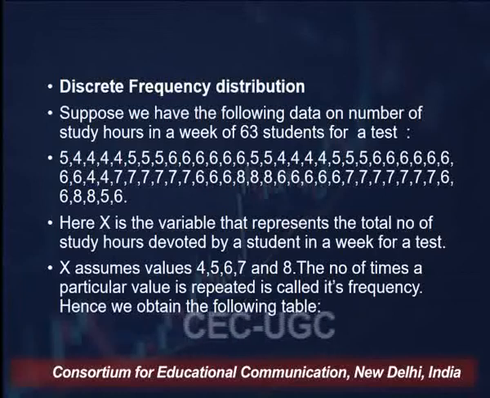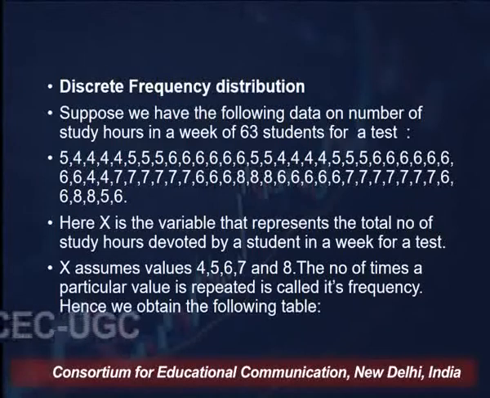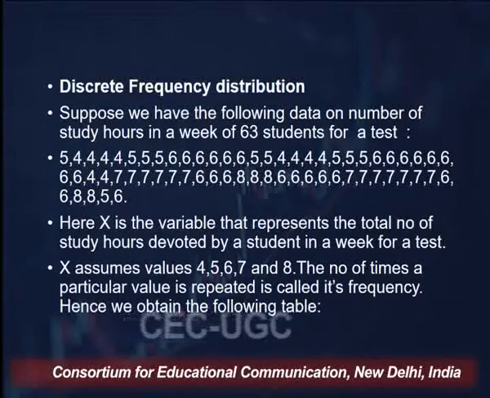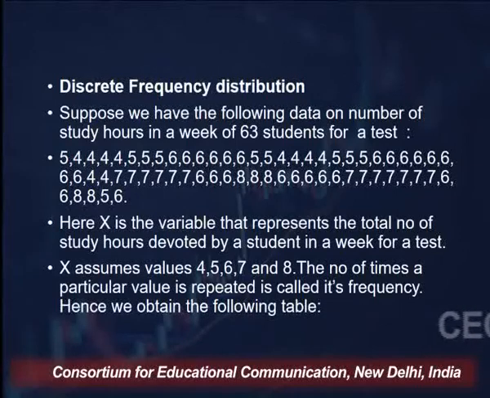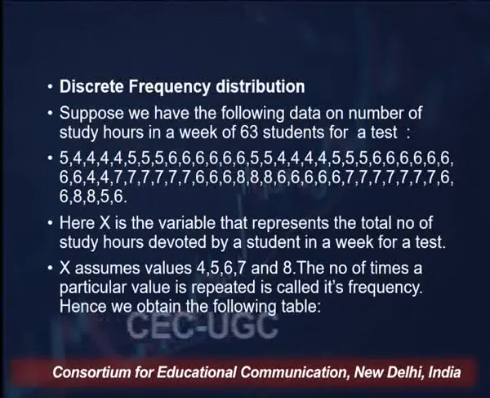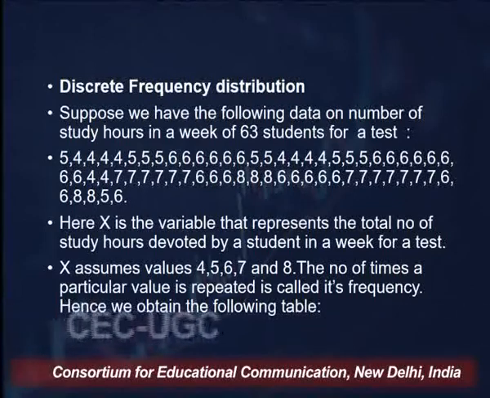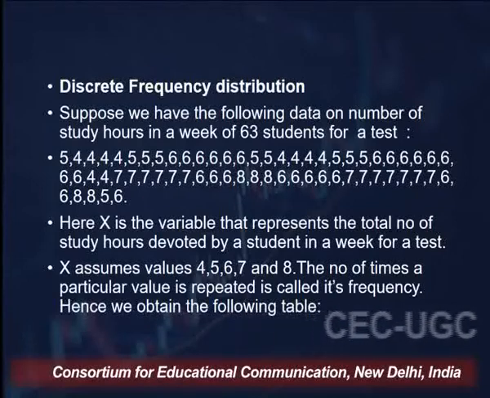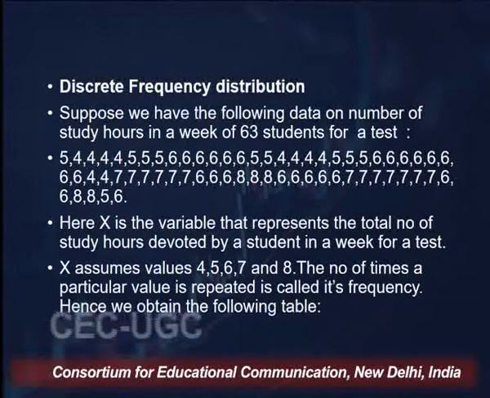So we ask 63 students, they write their responses, and then I obtain the data, which we can see like 5, 4, 4, 4, 5, 5, 5, 6, 6 and so on. When we look at these 63 observations, we can clearly see certain values which are coming across. 4 is coming, 5 is coming, 6 is coming, 7 is coming and 8 is coming.